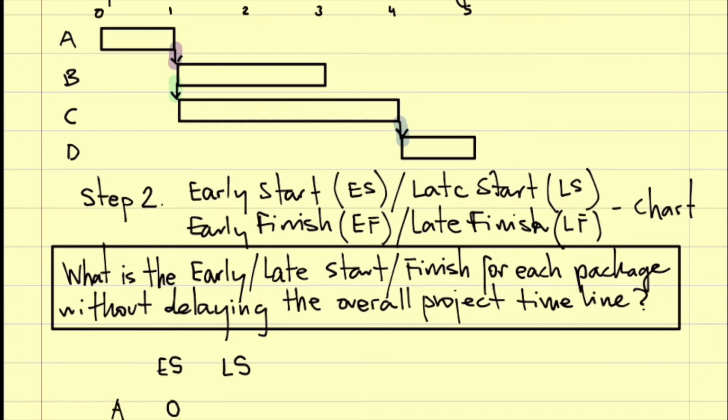If I delay the A to the right, then everything goes to the right, because B and C depend on A, and D depends on C and B, right? Okay, so if I delay A, everything is delayed. So the late start for A is 0.